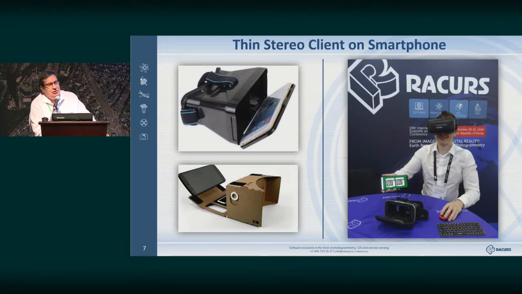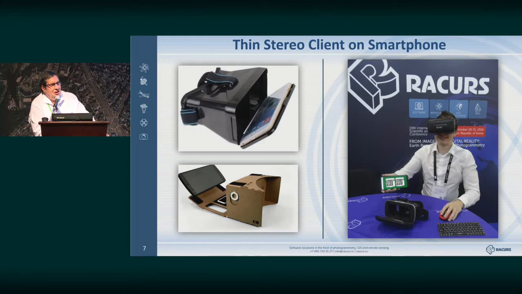And last time I told you that the stereo transmission method used for standard stereo monitors can be used for other equipment. And one of the simplest ones, which caused a lot of interest, was the simple add-ons to smartphones. They cost $5 to $10. They could even be made of cardboard.